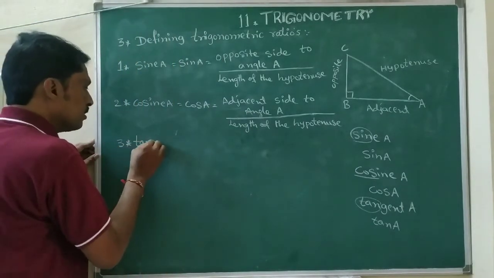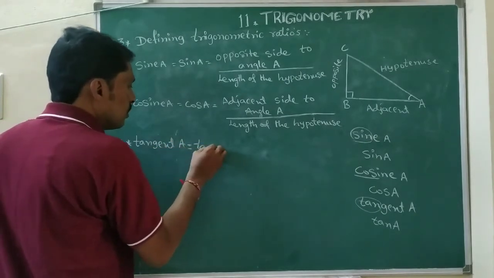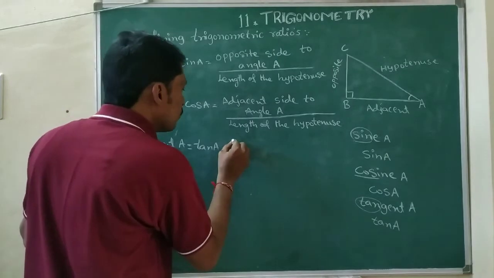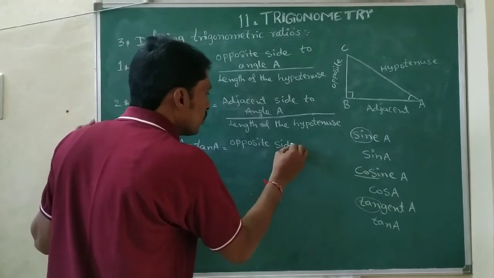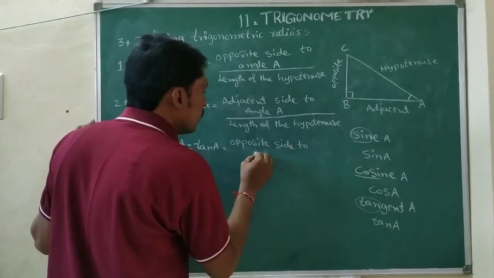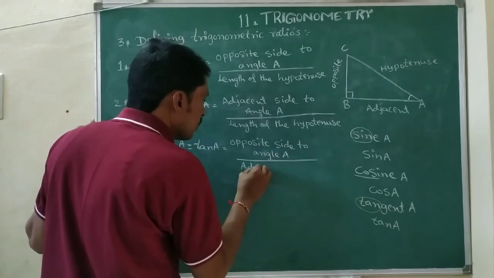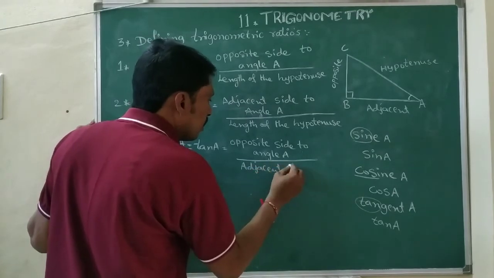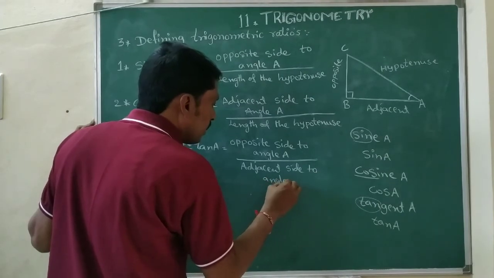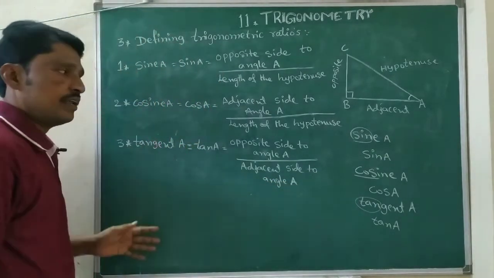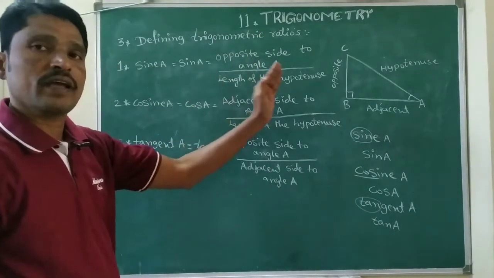So tangent A, tan A equals opposite side to angle A by adjacent side to angle A. These three ratios: sin A means opposite side to angle A by length of the hypotenuse.